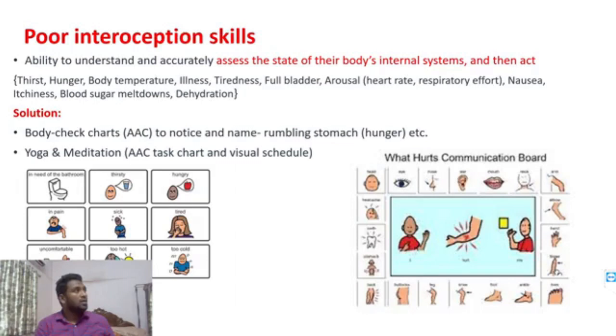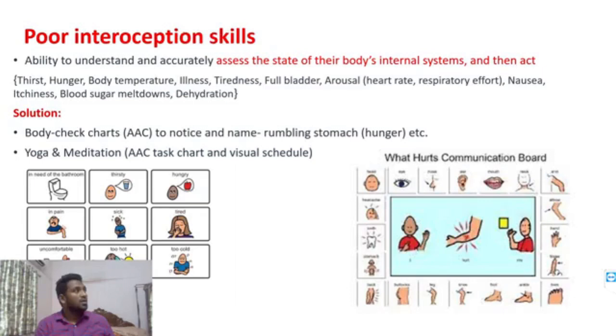So the solution is, in your AAC book, in your communication book, have a body check chart, where the child can show a stomach ache, a pain, maybe thirsty, hungry, or a toilet icon, something that helps the child understand the present condition, how the child feels now. You can also use yoga and meditation to increase interoception skills.